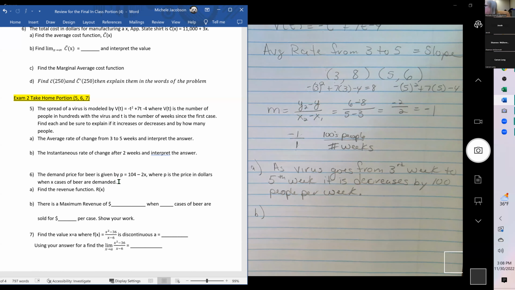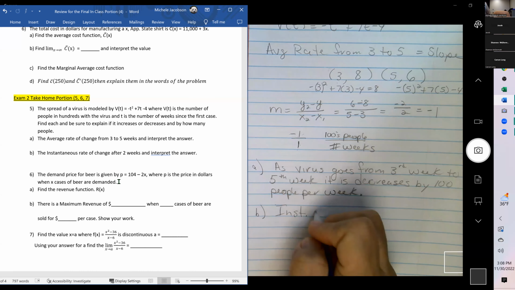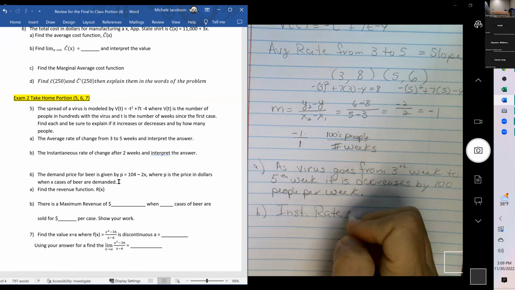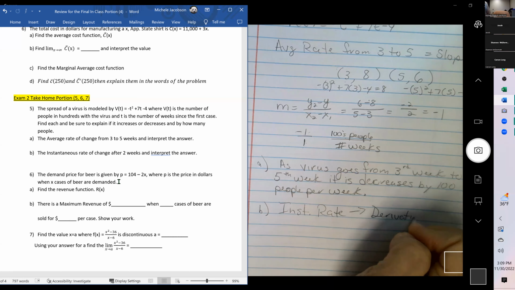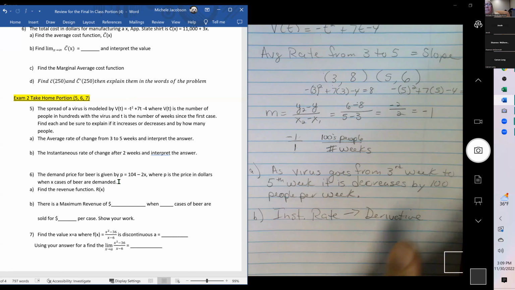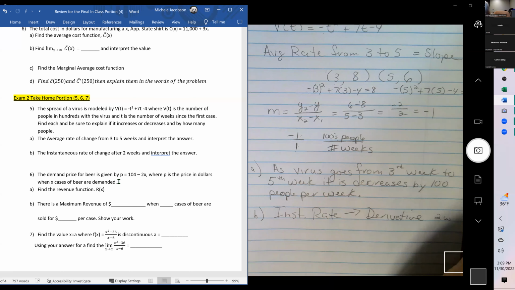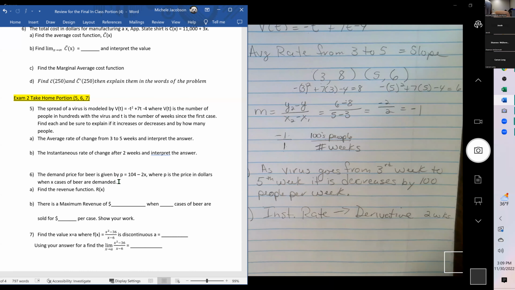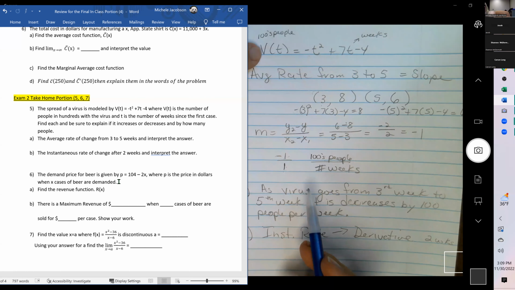B is instantaneous rate. Instantaneous rate is derivative. And we want that after 2 weeks. So we're going to plug in a 2. We take our virus and take the derivative.